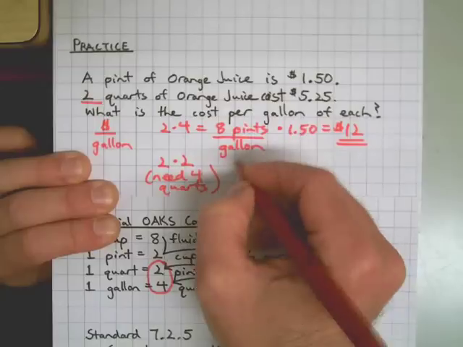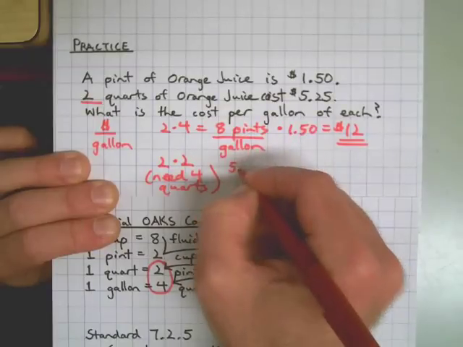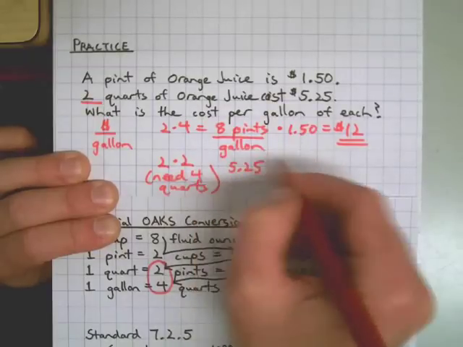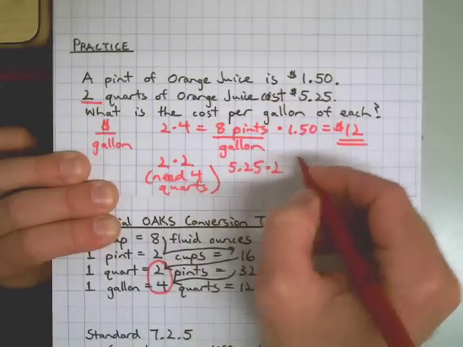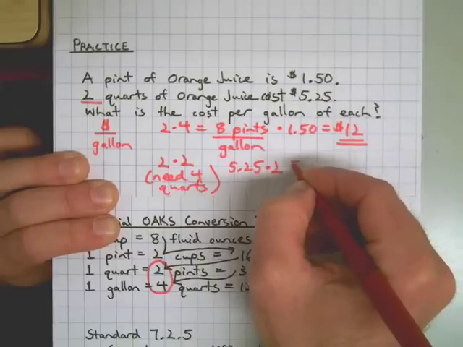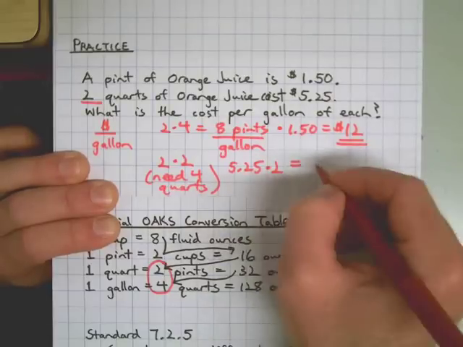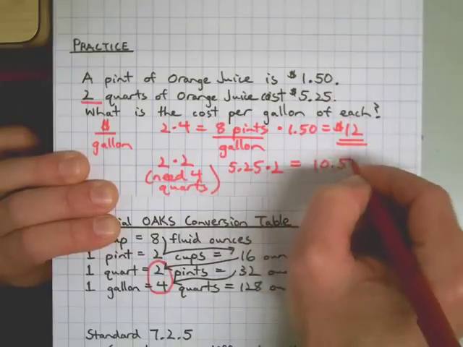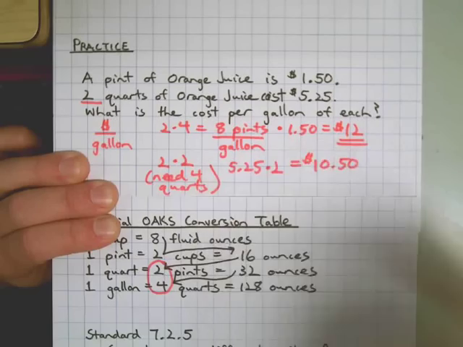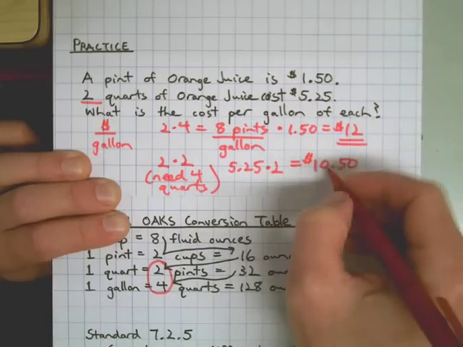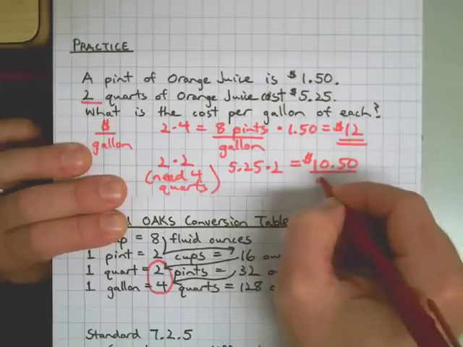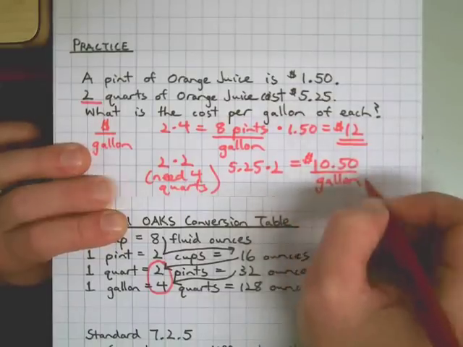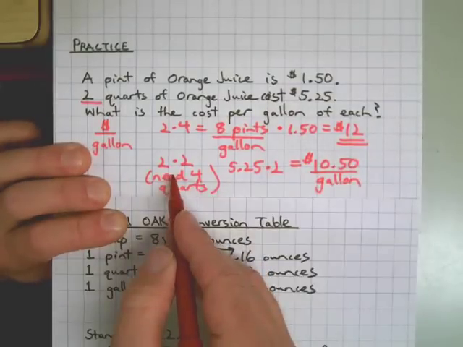So I'm going to take my price, which is $5.25 for 2 quarts, and multiply it by 2, because that gives me the price for 4 quarts. Okay, $10.50 per gallon if I was going to keep buying quarts.